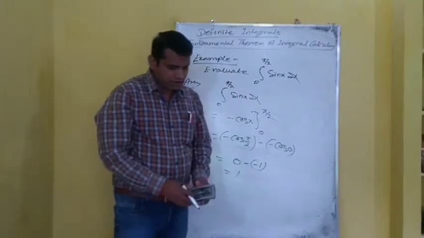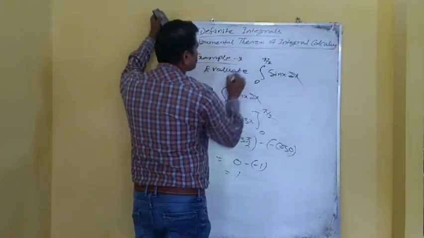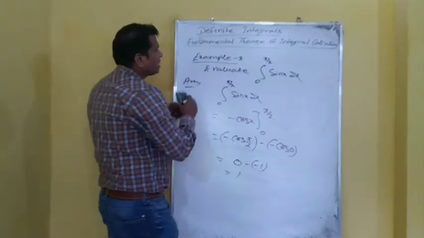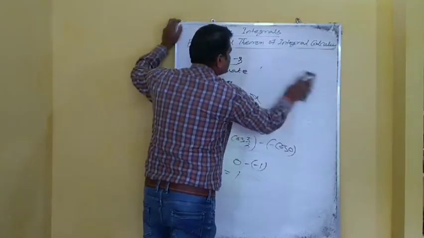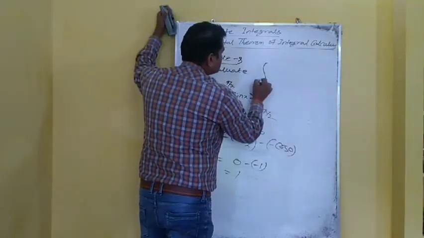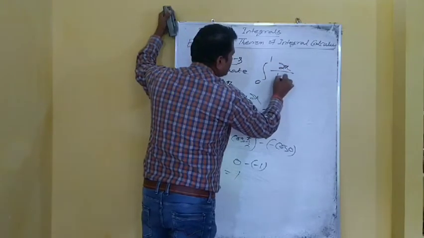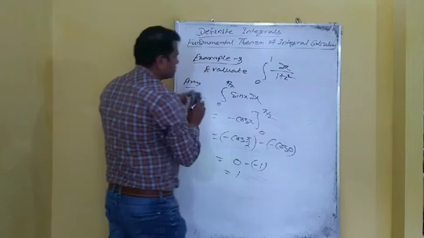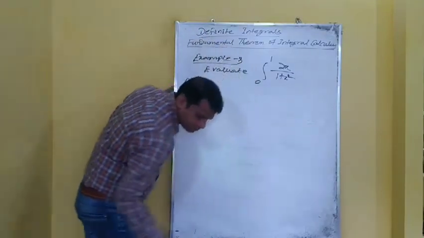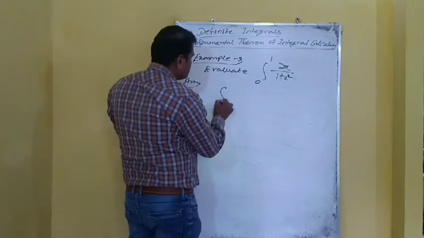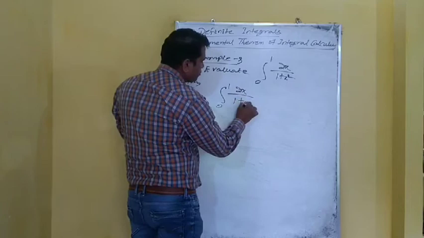Next we take another example. Third example. Evaluate the integral from 0 to 1 of dx by 1 plus x square.